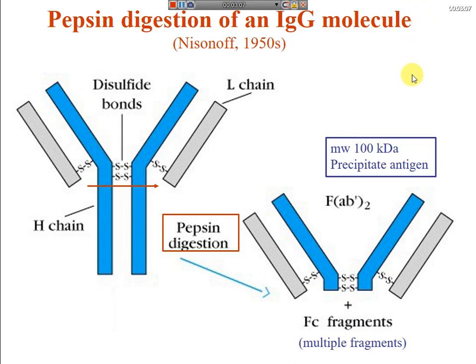If we talk about pepsin digestion of an IgG molecule, which was first carried out by Nisonoff in the 1950s, what happens during this pepsin digestion of an antibody molecule? This pepsin digestion occurs just below the disulfide bonds, right?